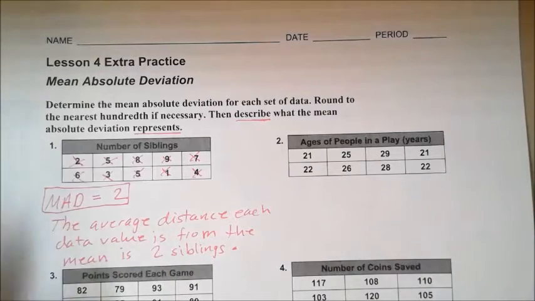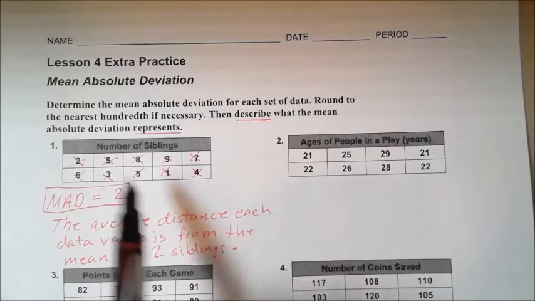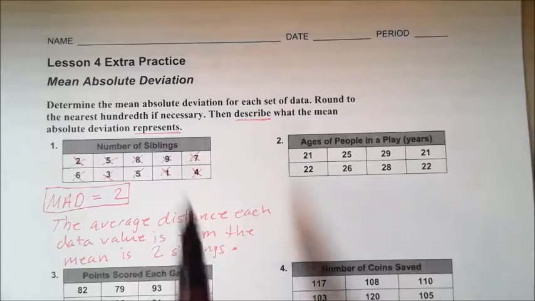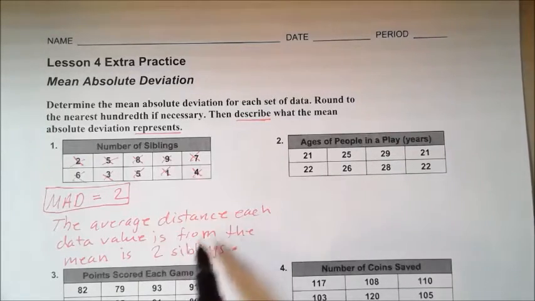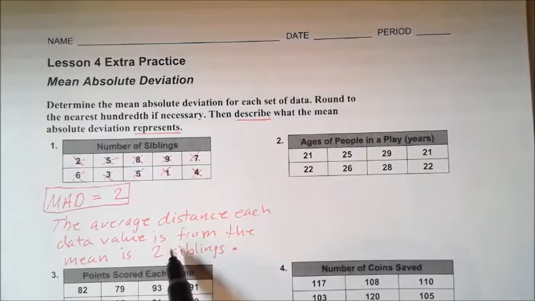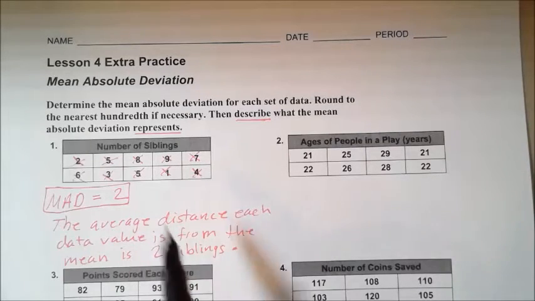So it's the average distance each data value is from the mean is 2 siblings. So notice this talks about the number of siblings. So for writing a verbal statement, we want to make sure that we mention that the siblings is what we are measuring. And that's what this represents.